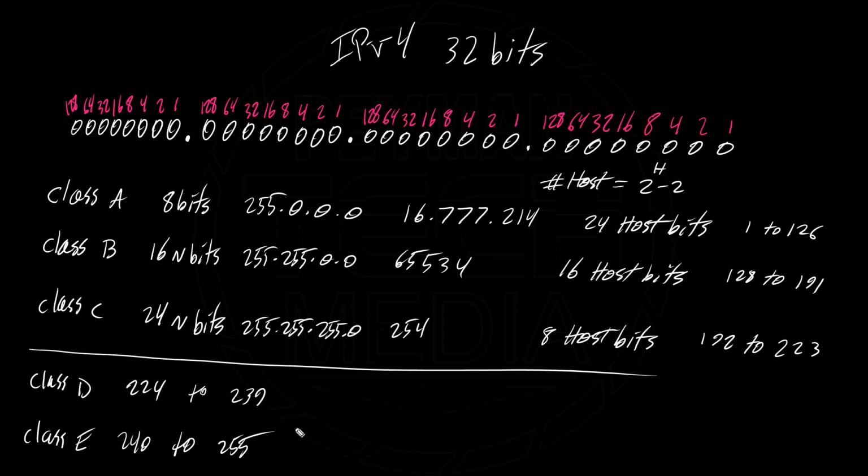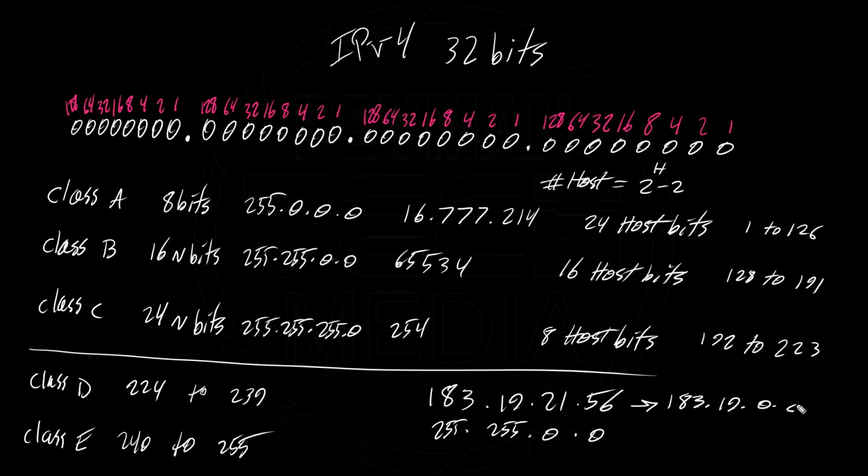So when we see an IP address, let's say 183.19.21.56, what class is this? 183 falls into what range? Class B, between 128 and 191. So 183 is class B, and the class B default subnet mask is 255.255.0.0. The network address for this IP address would be 183.19.0.0 according to the default subnet mask.